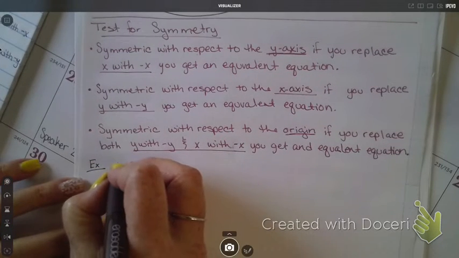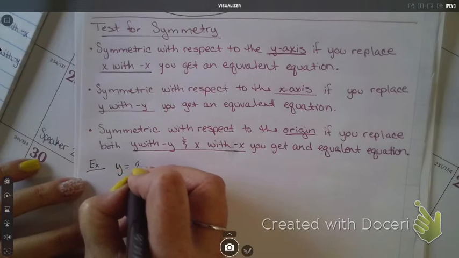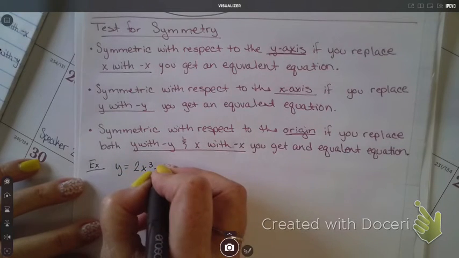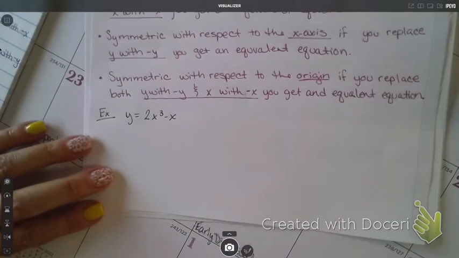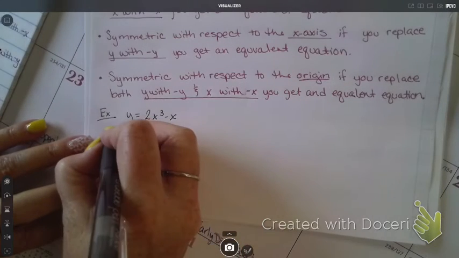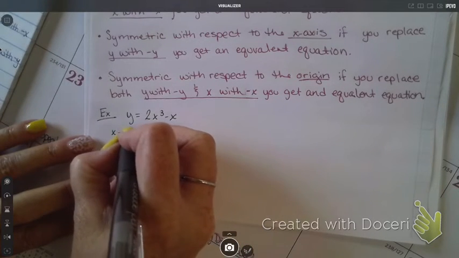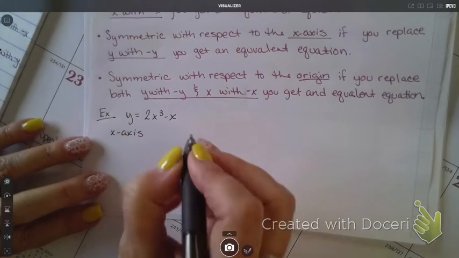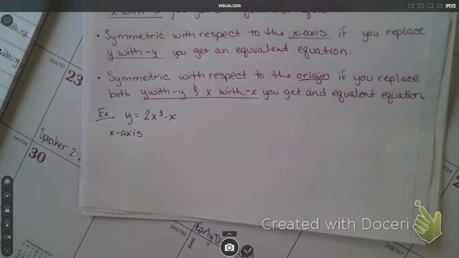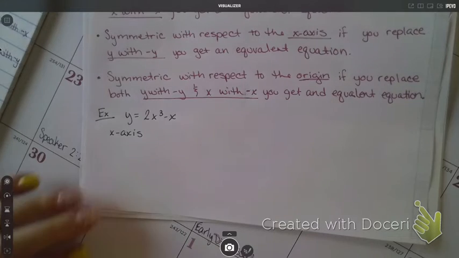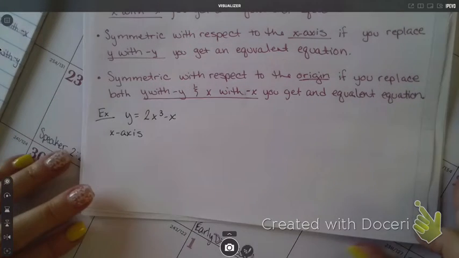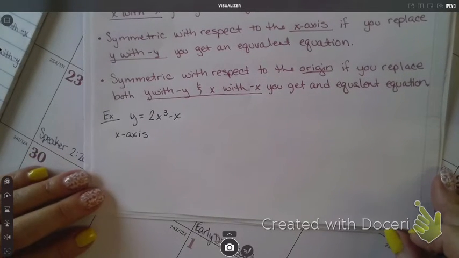So check your symmetry of y equals 2x cubed minus x. And again, I just label it. I put x-axis. I always do x-axis first. I know their list started with y-axis, and that was the way it was in the book, so I kept it that way. But I personally always start with x-axis first. Okay, so x-axis, I replace what? Replace y with negative y.